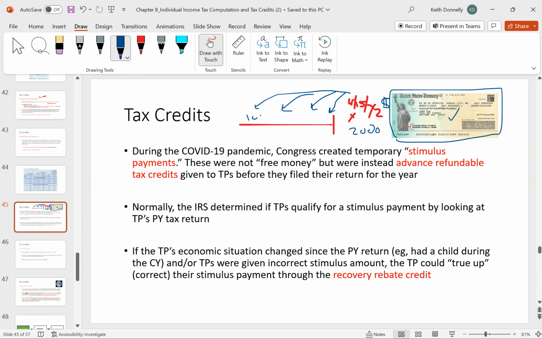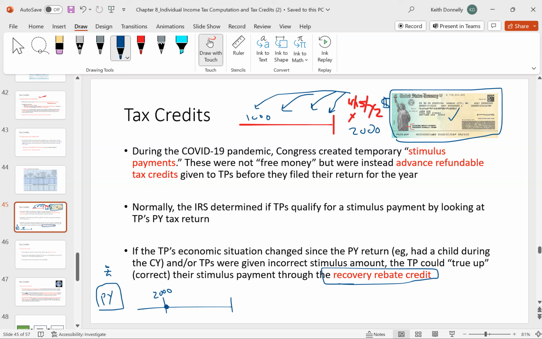If you got the $1,000 up here, it was essentially a credit, a recovery rebate credit that they pushed out ahead of time. And what they did was, because they looked at your prior year tax return, say over here you only had one kid, right? So maybe they gave you, let's just say $2,000.